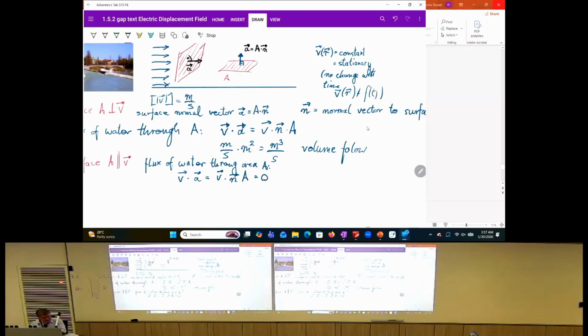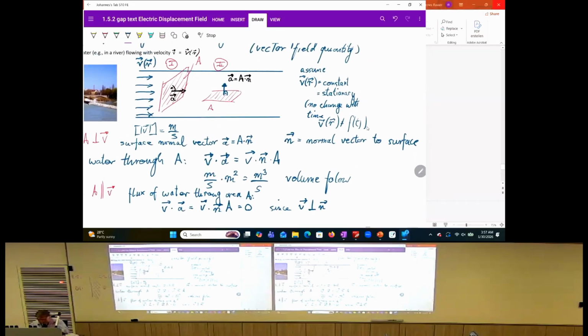And this is zero just because the normal vector and the v are perpendicular. So that is quite obvious. You look at this plot here, you see the water is not flowing through this area, but it is basically flowing perpendicular to this area. If you compute the flux through the area, then you actually have no contribution in this scenario.